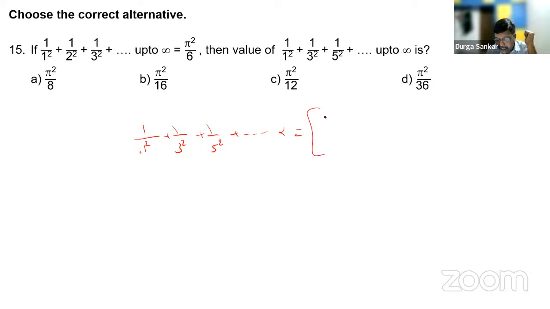Can I say it is nothing but the sum of numbers with denominators as squares of natural numbers minus the sum of numbers where the denominators are squares of even numbers.